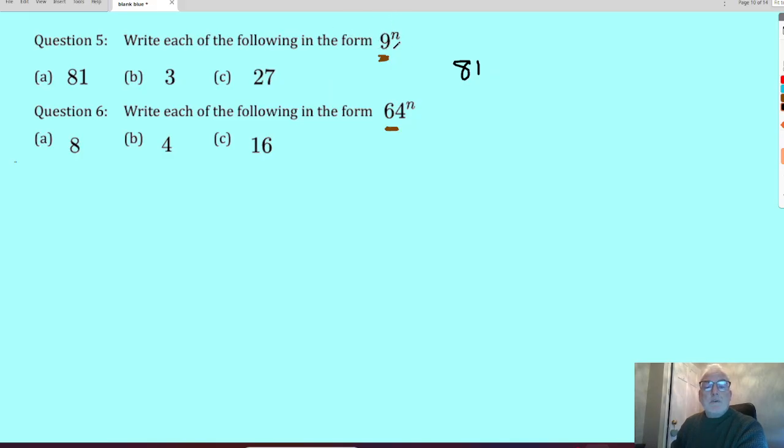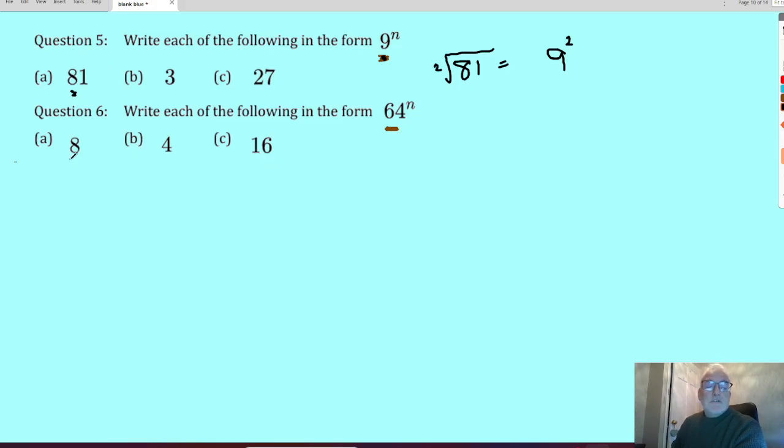What would we do if we had to write that as 9? Well, if we square root that, that gives me my base as 9. How do I get back to 81? Well, 9 to the power of 2 would be 81. So we need to get to the base number first, and then what do we need to do with the base number to get back to the number we started with?